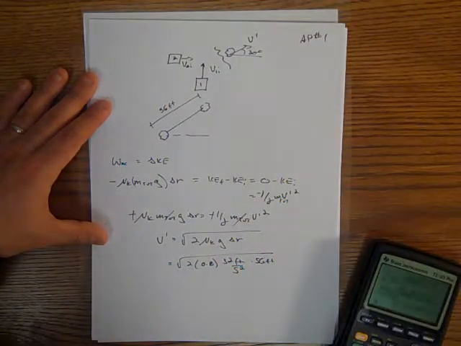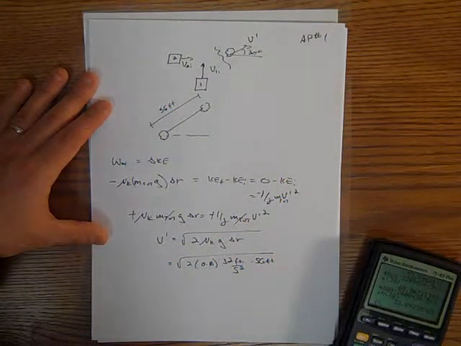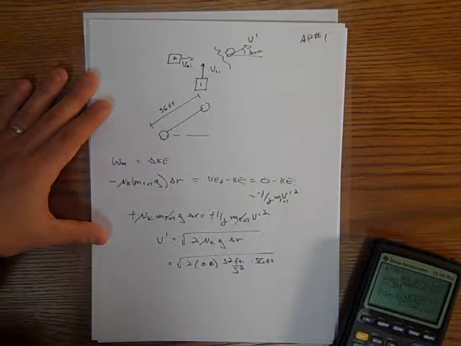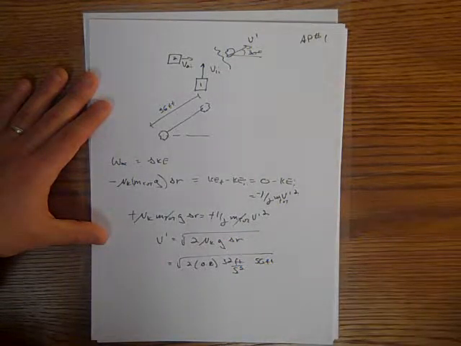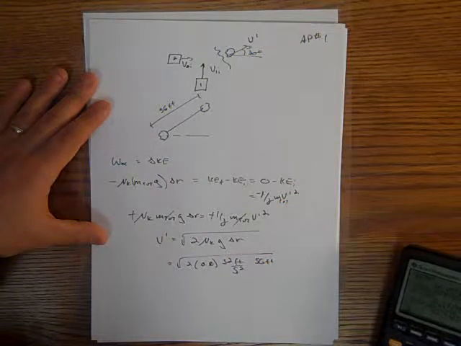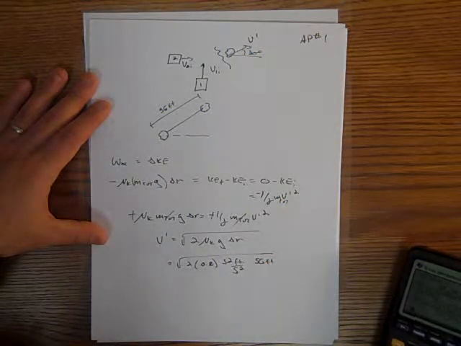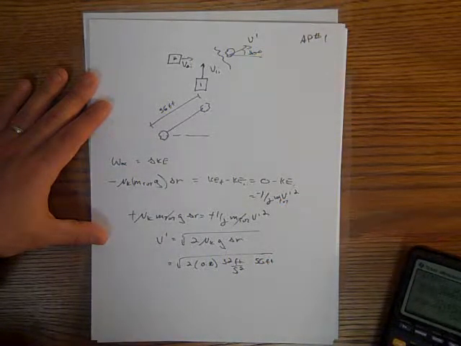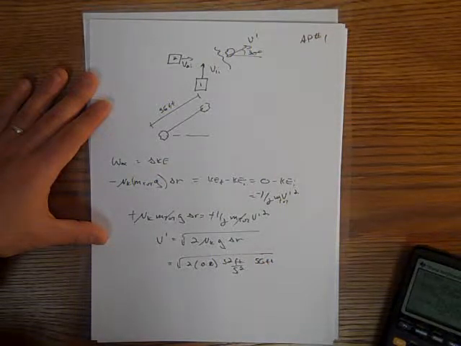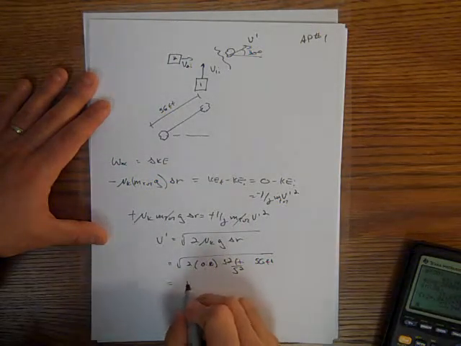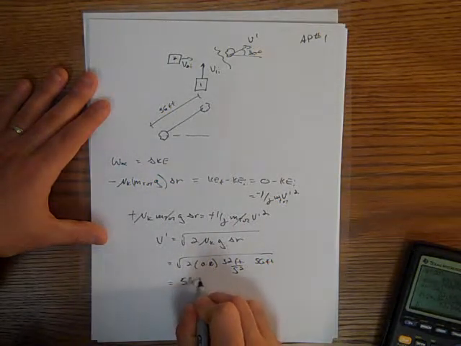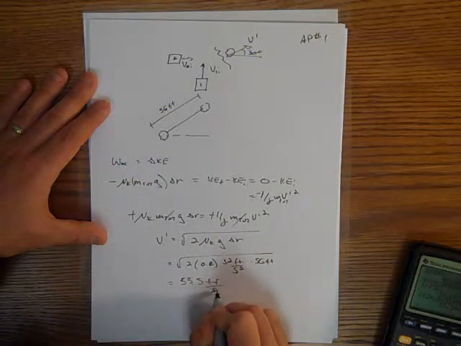If I plug that in, I get the square root of 2 times 0.8 times 32 times 56, and I get 53.5 feet per second.